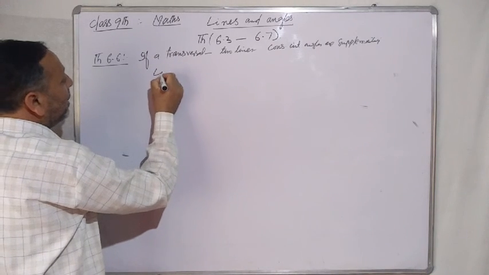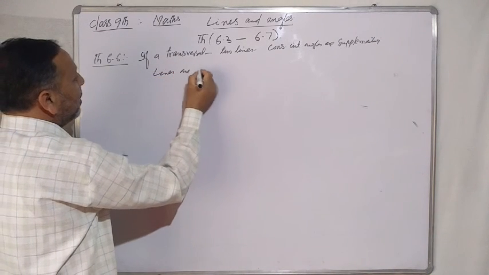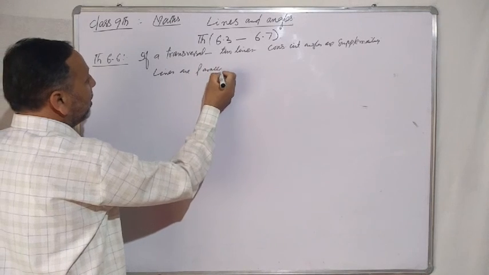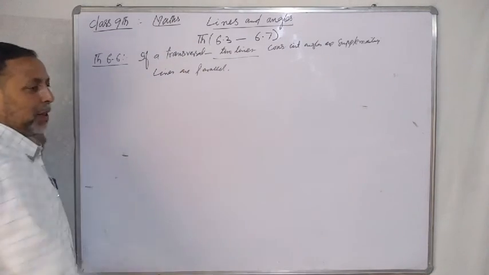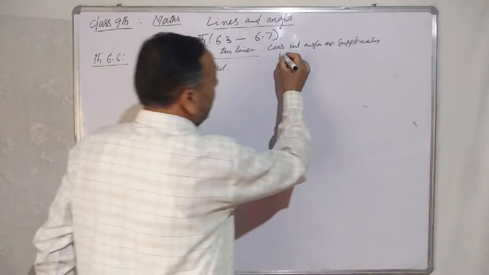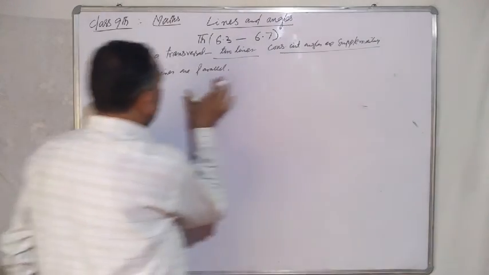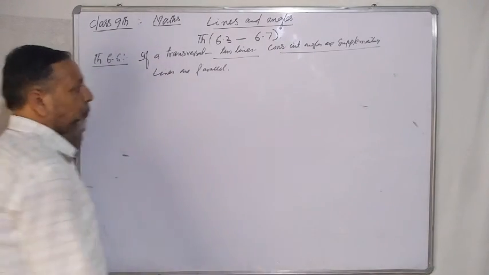Then prove that lines are parallel. So two lines are given. It is not given that the two lines are parallel, but it is given that consecutive interior angles are supplementary. We have to prove that lines are parallel.